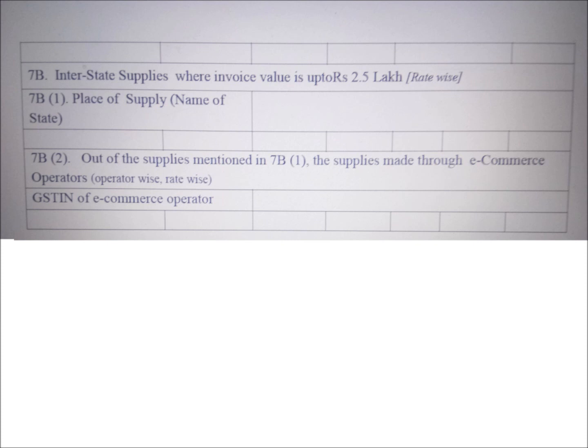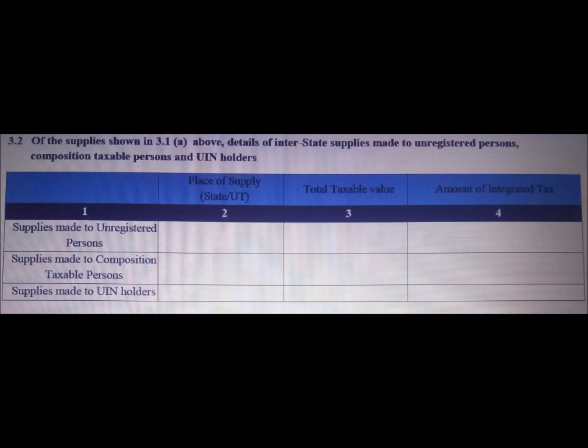Again, in both the section 7a and 7b, we have to give consolidated supply figure which is made during the month other than supplies made through e-commerce operator, and second, supply made through e-commerce operator. This is the position regarding GSTR 1.